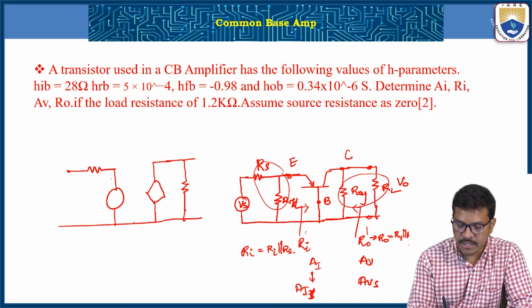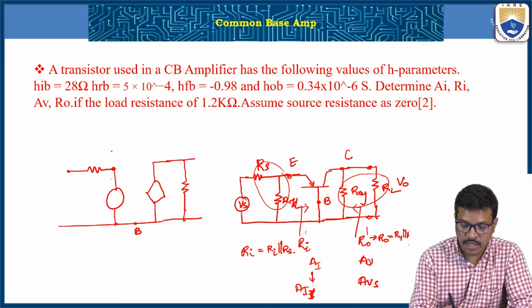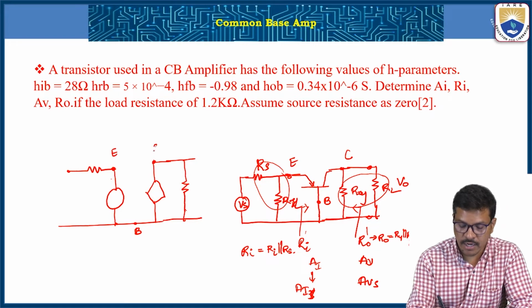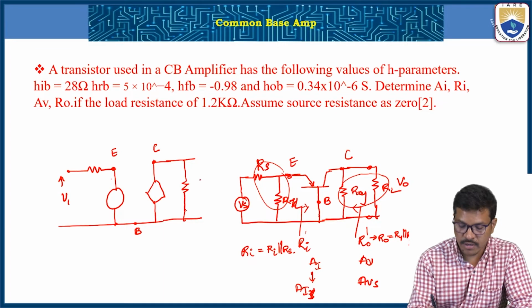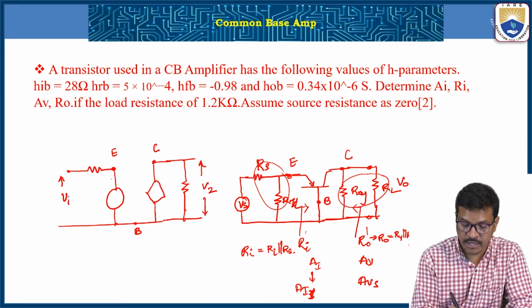As it is common base, this terminal is like a base terminal, and this terminal is like an emitter, this terminal is like collector. Then this is input voltage V1, V2. Here we can mention that it is a common base configuration.